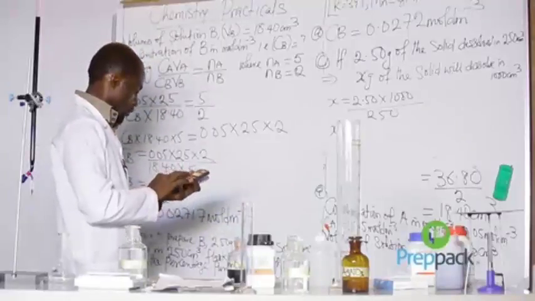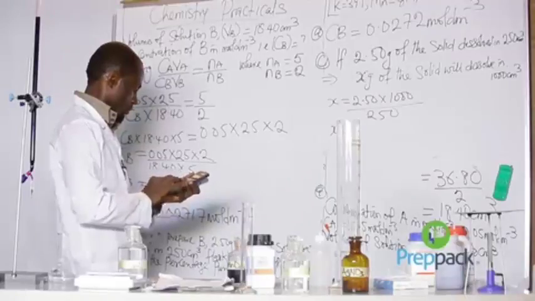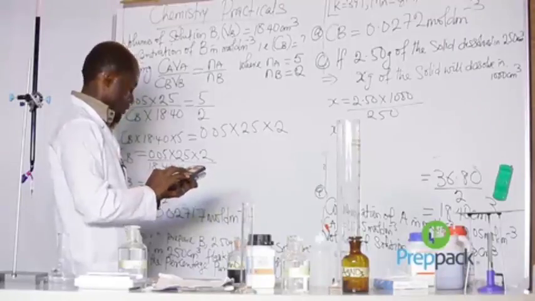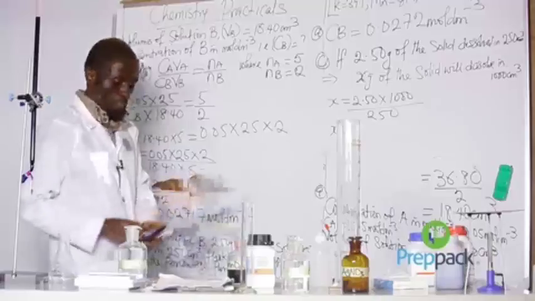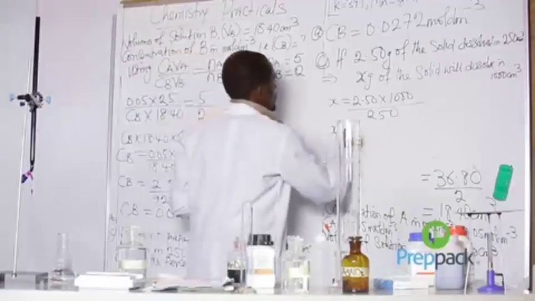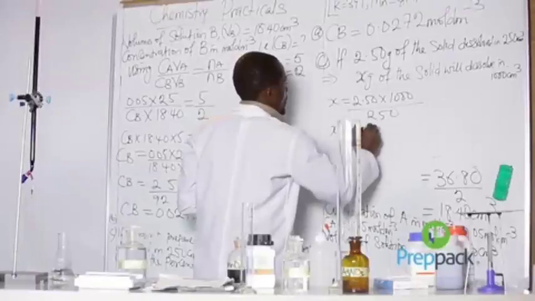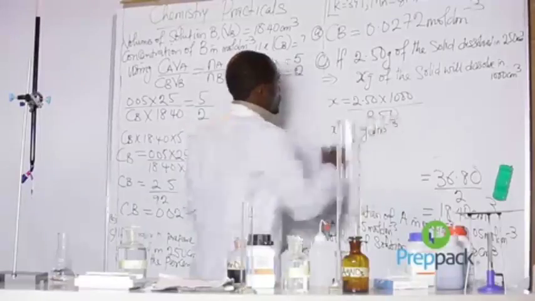So X becomes 2.50 multiplied by 1000 divided by 250, which is 10 gram per dm cube.